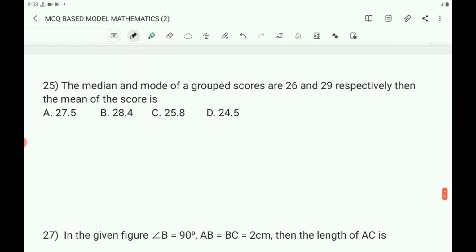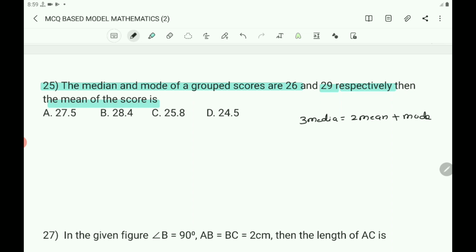Next, take the 25th question. The median and mode of a grouped score are 26 and 29 respectively. Then the mean of the score is what? You know the relation among these three: mean, median and mode, that is 3 median equals 2 mean plus mode.